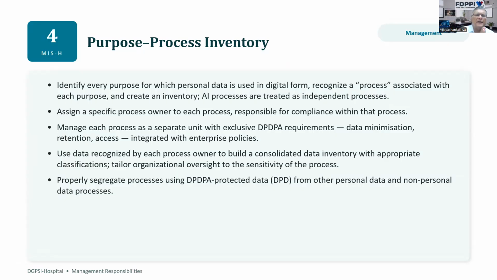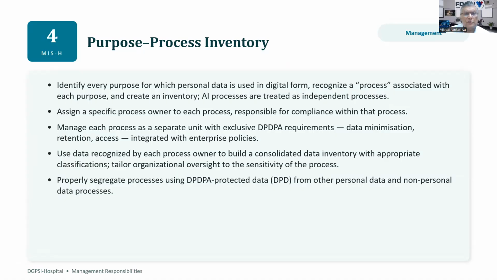So under this implementation specification, identify every purpose for which personal data is used in digital form, recognize a process associated with each such purpose, then create an inventory of such processes, treating AI processes as an independent process. Then we need to assign a specific process owner to each process who is responsible for compliance within that process. This actually goes with the distributed responsibility principle also.